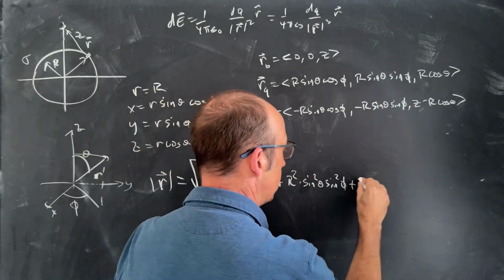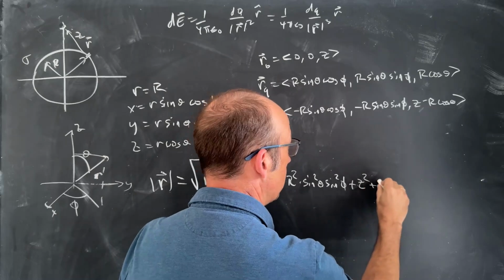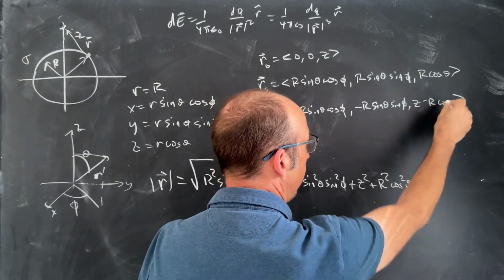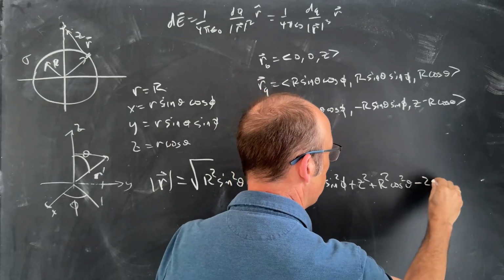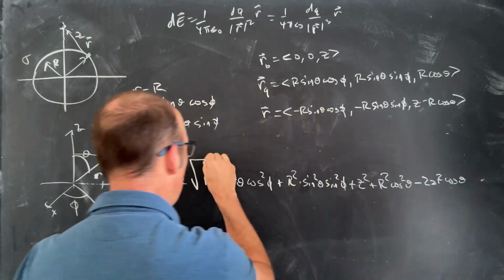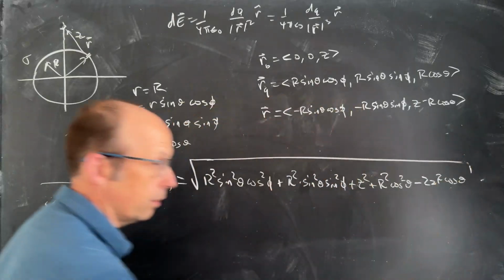So I'm going to get plus z squared plus r squared cosine squared theta, and then I'm going to have twice the cross term, so minus 2z r cosine theta, and all of that square rooted.